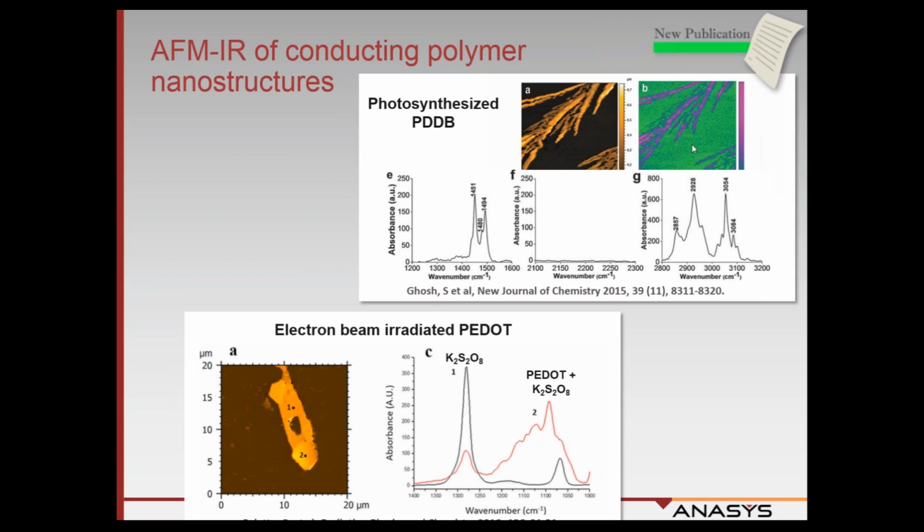The example down below is electron beam irradiated. It's irradiated in the presence of this K2SO8 material, and they're able to look at these nanostructures and determine the regions that have high concentration of this K2SO8 and regions where you have more complete polymerization of the PEDOT.